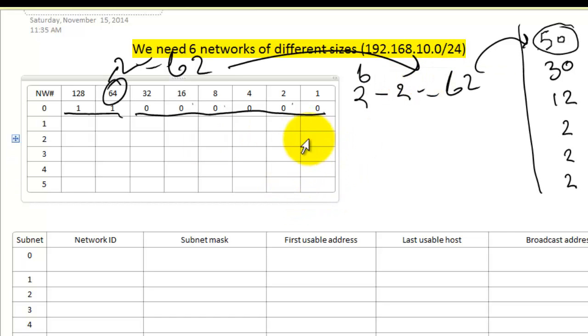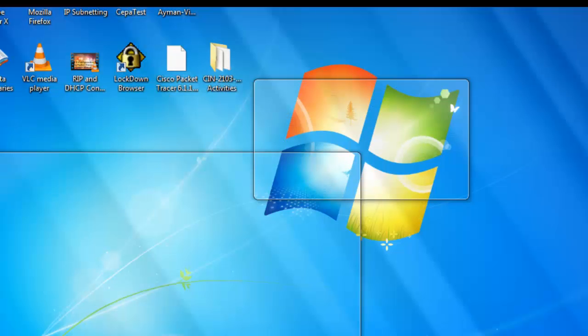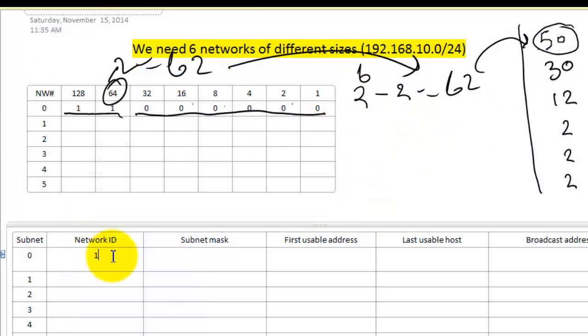So now our magic number is 64. Here we have our IP address 192.168.10.0. Remember, all the time we start from 0.